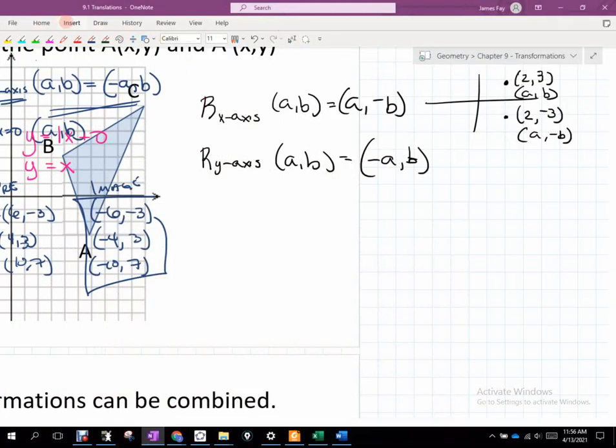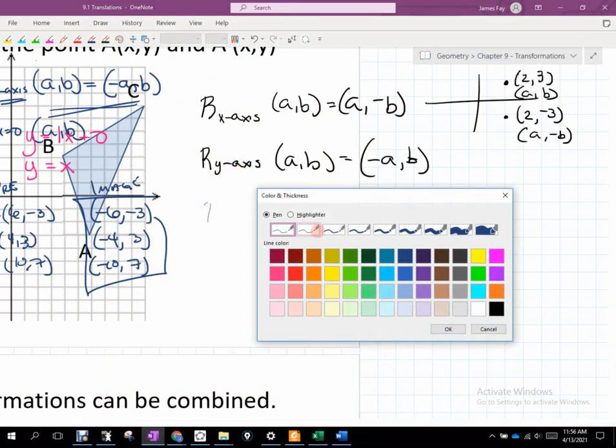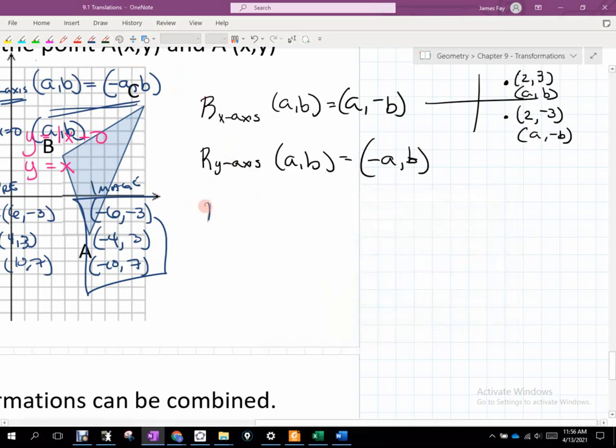So if I want to reflect along the line y = x, and you start with an ordered pair (a, b), it's going to turn into the ordered pair (b, a).